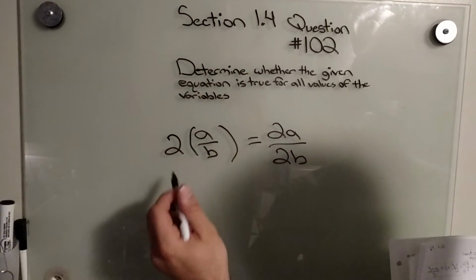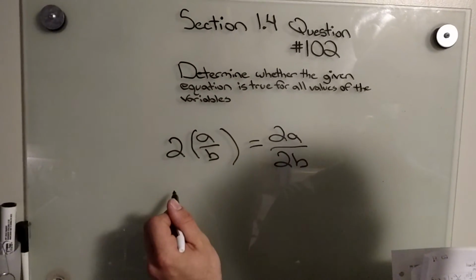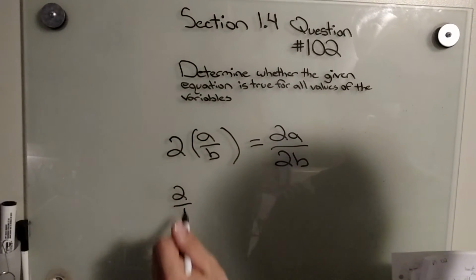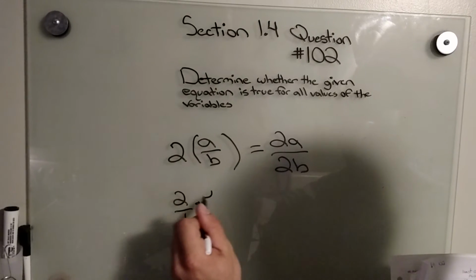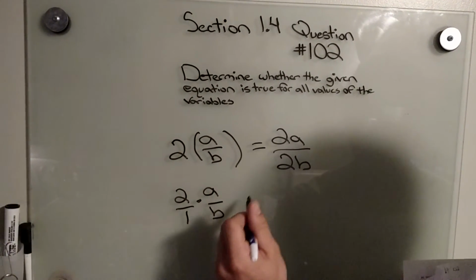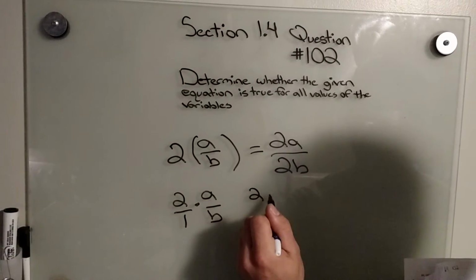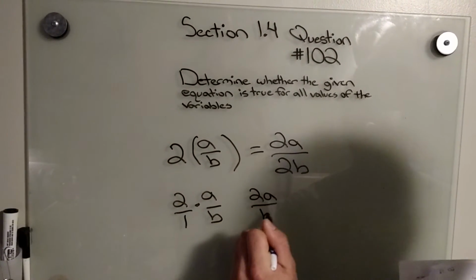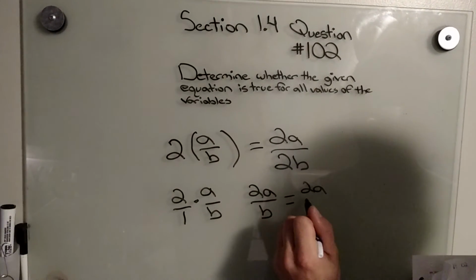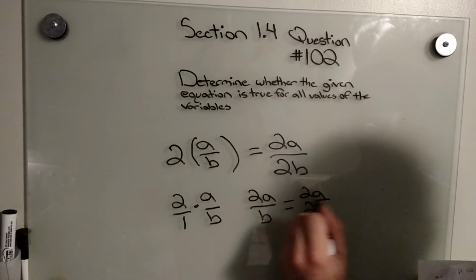To multiply the whole number by the fraction, you multiply 2 over 1 times a over b, which gives you 2a over b equal to 2a over 2b.